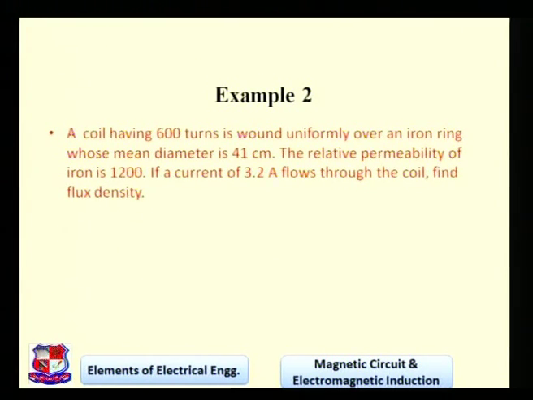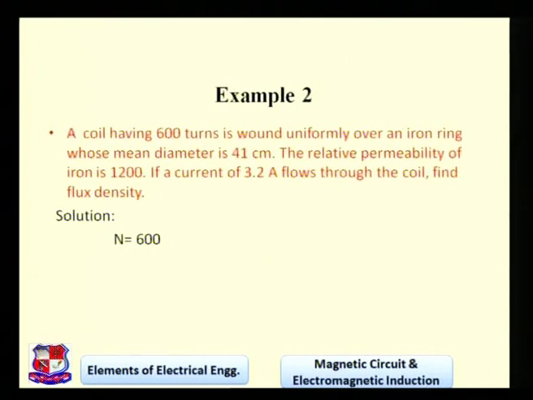If a current of 3.2 ampere flows through the coil, then find the flux density. It means we are given the number of turns N, the diameter, the relative permeability, and the current, and we have to find the flux density B.